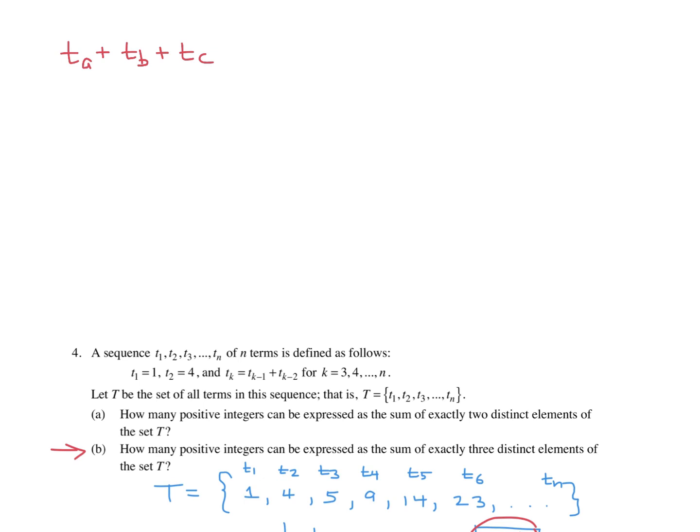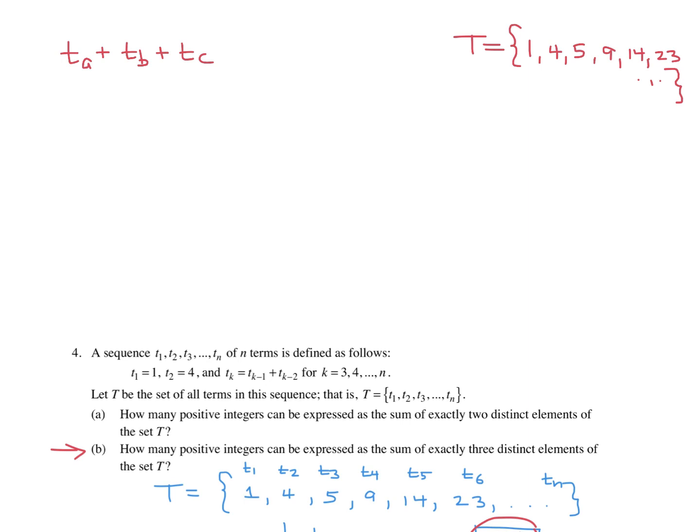Well, just as before, I'm going to use the same numbers, right? If you remember, the set was 1, 4, 5, 9, 14, 23, and then it just kind of keeps on going, dot, dot, dot. So they're saying that if you take any 3 of these and add them, you will get an integer. How many different integers can you get? How many unique sums? So how many unique triplet sums, I guess?